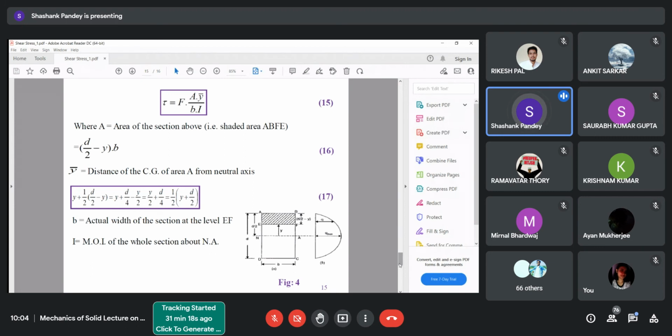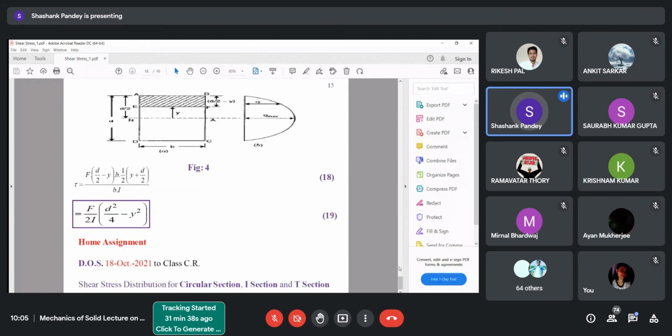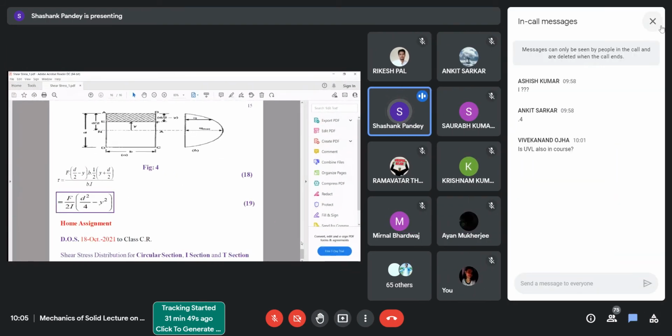We substitute it in expression 15 and get the shear stress distribution across the cross section, which comes out to be parabolic in nature, having zero value at the extreme points and maximum at the neutral axis. In a similar line, we can find it for the circular cross section, I section, as well as T section.